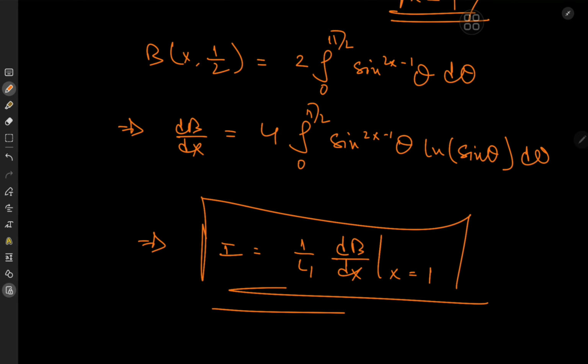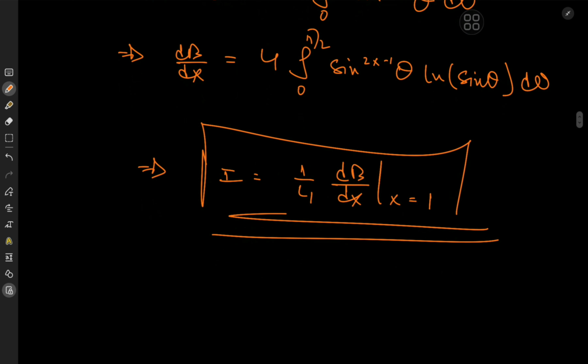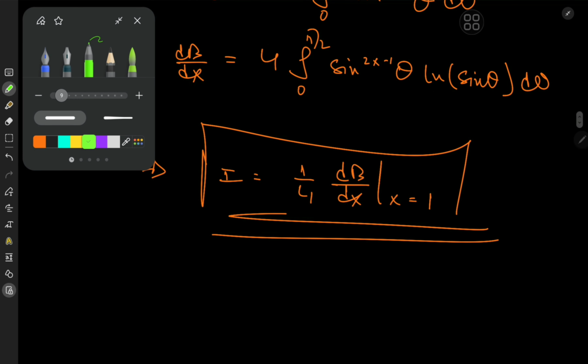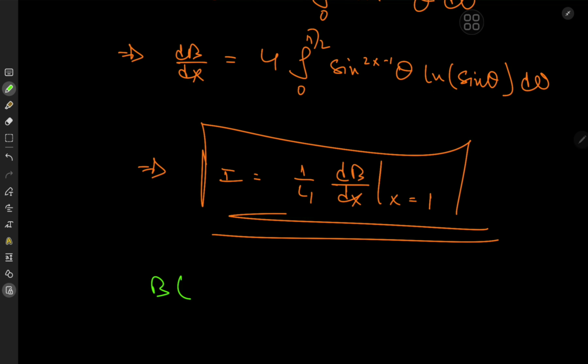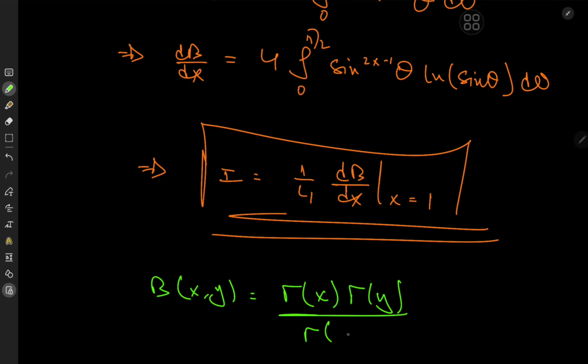Okay, cool. So all that's left to do is now figure out what the derivative of the beta function is at x equal to 1, and of course y equal to 1/2 is lurking there in the background. And for that, we could make use of the gamma function. So the beta function at x and y equals gamma x times gamma y over gamma x plus y.